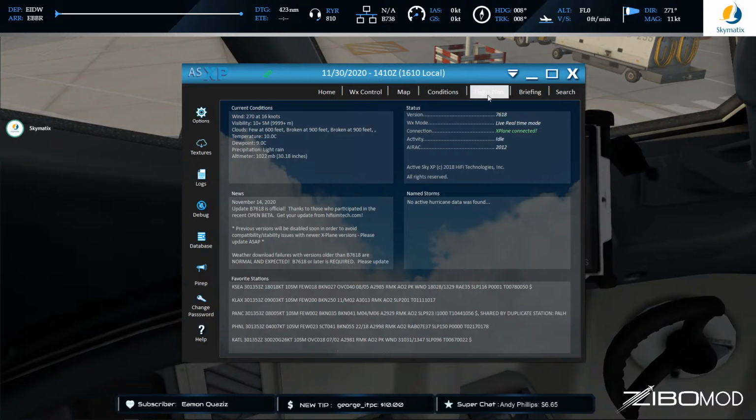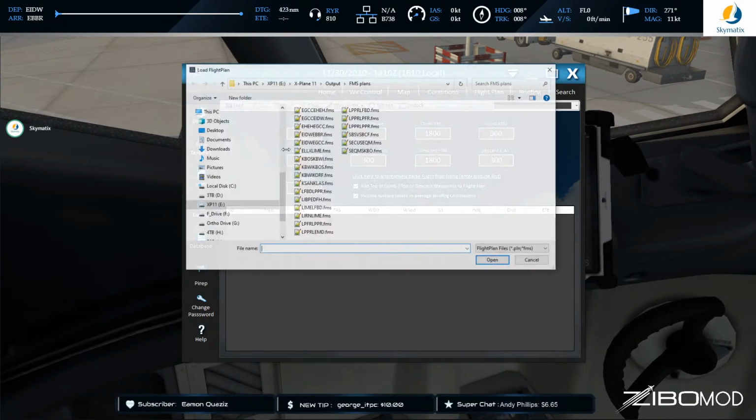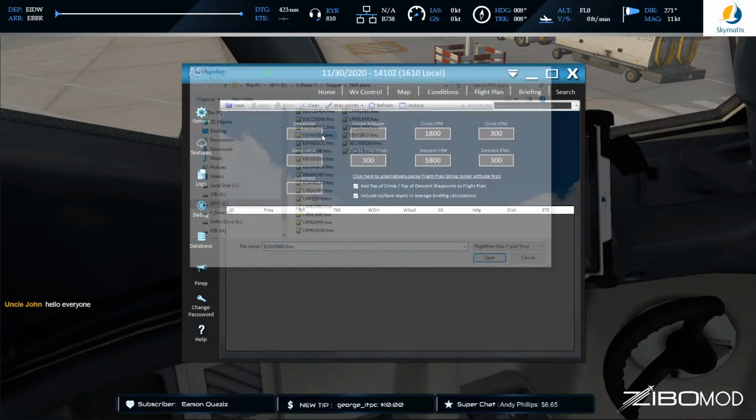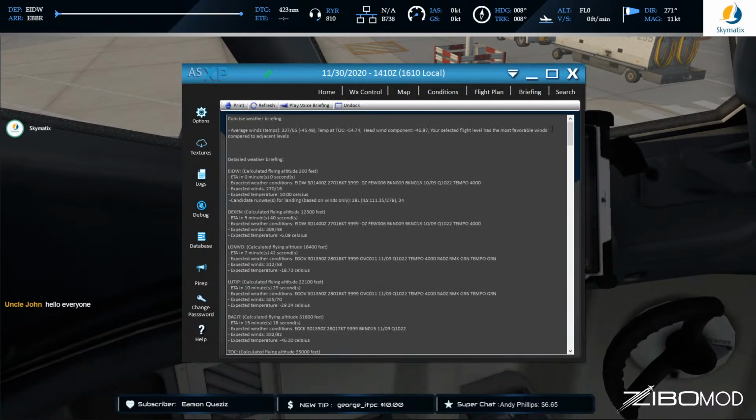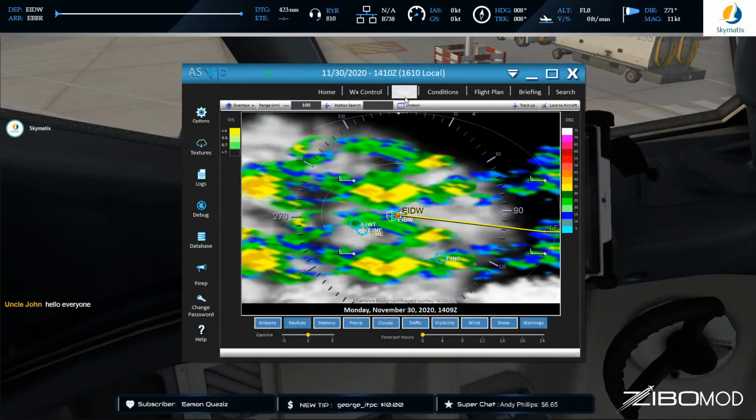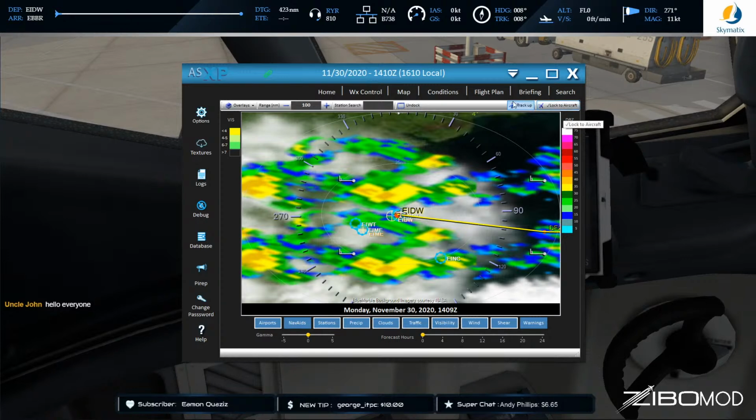Okay, so what we're going to do is add the flight plan. I'm just going to go for 350. If you want to check in the briefing section, you can see if it is the most favorable level. We got a jackpot there, so we can just do that. Hello, Uncle John. I see you typed there. All right, so if we go back to the map, we see some interesting times.